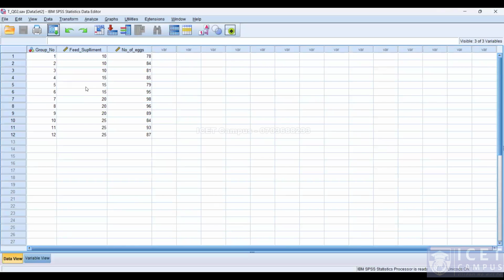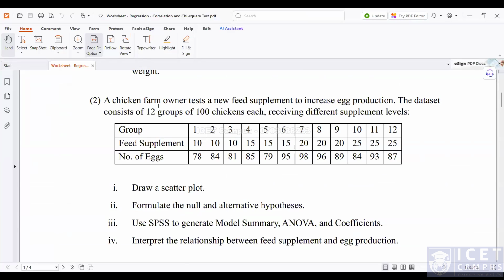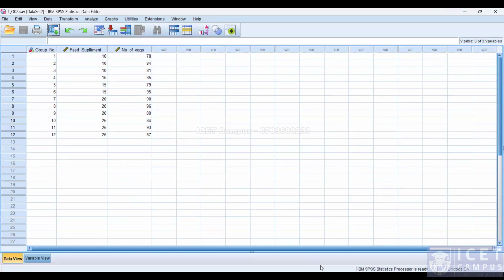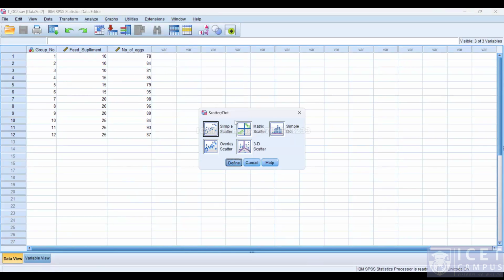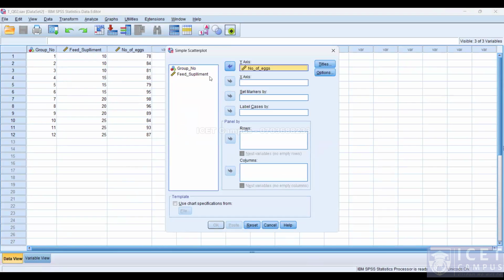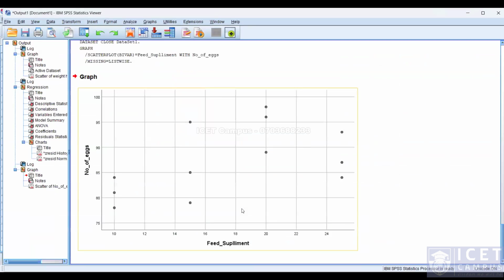Group is there, feed supplement, and number of eggs. The question is, you need to draw a scatter plot. So we can go Graphs, Legacy Dialogs, Scatter/Dot. Then Simple Scatter. Y is number of eggs, X is feed supplement. Then we can go to the scatter plot.